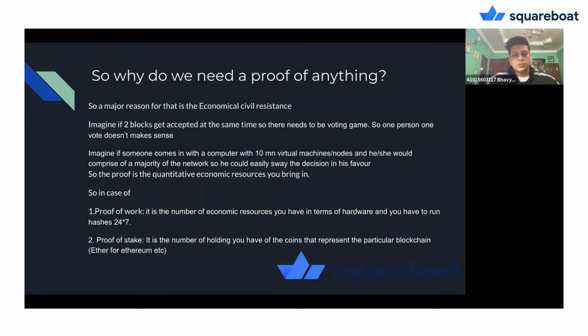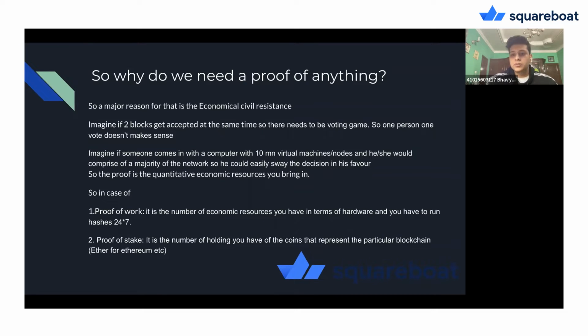So what is a proof? Why do we need a proof of anything? It's basically a reason for economic Sybil resistance. What does it mean? Imagine a scenario in which two blocks are being added to a particular chain. There needs to be a voting game, basically, to decide which particular transaction gets added to that chain.